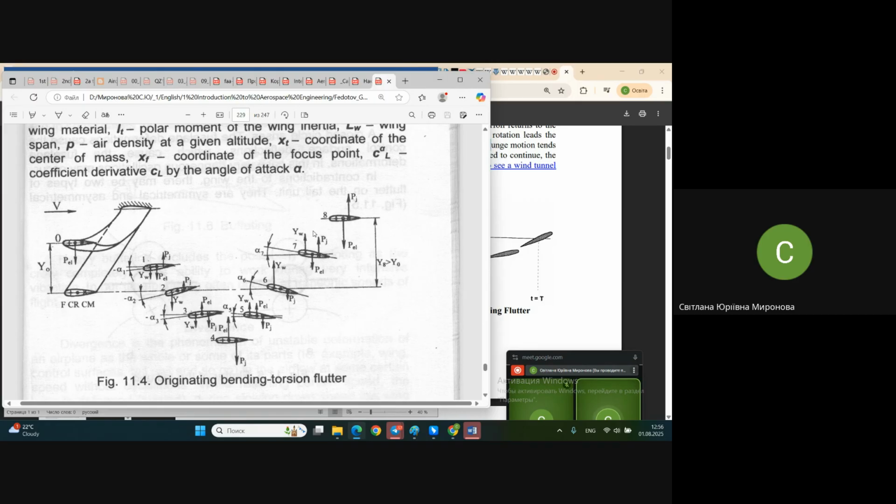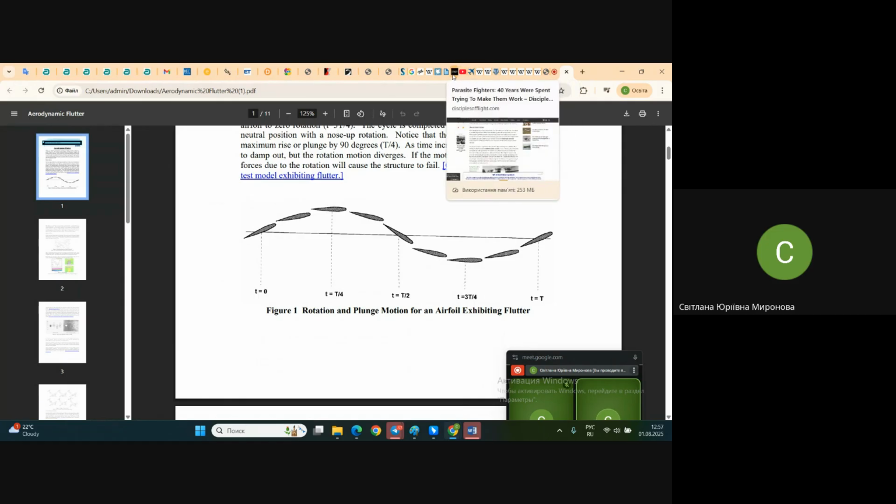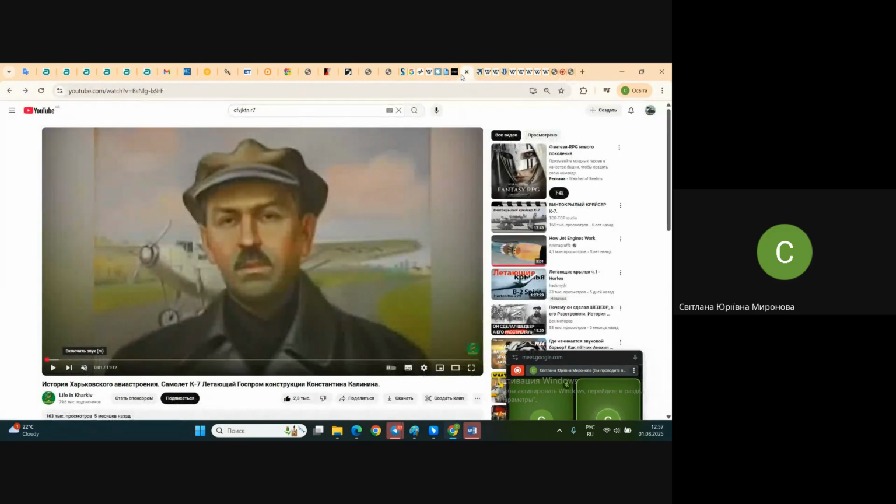Of course, this situation shouldn't happen to the airplane, and that is why this phenomenon has been studied. Scientists started studying this phenomenon, maybe really since the moment of the K7 catastrophic flight. Here is another movie, and I trust this movie was made by some citizen of Kharkov.